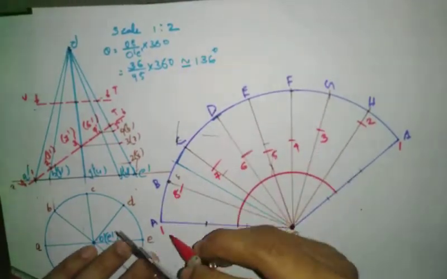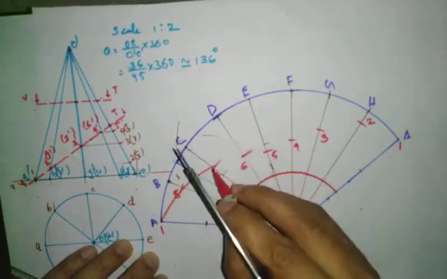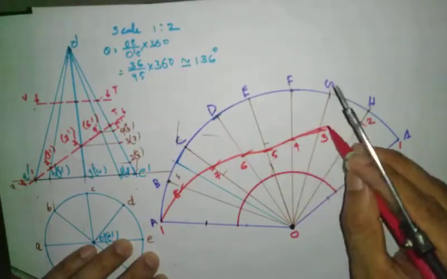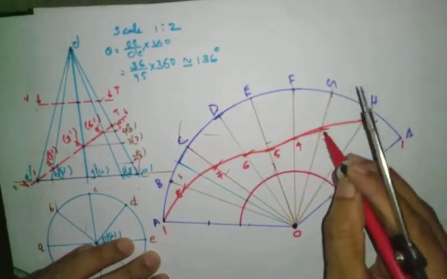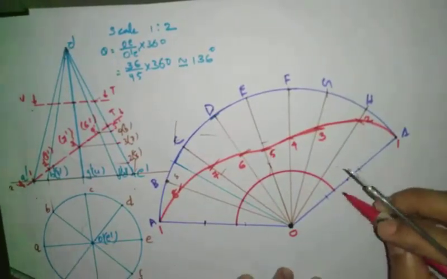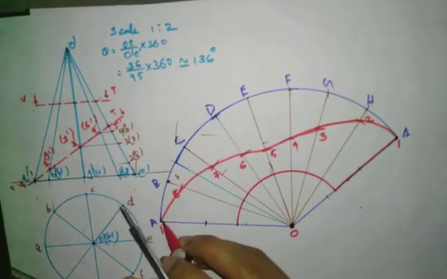Now while joining these, just complete the freehand curve, and the development of the lampshade will be this.